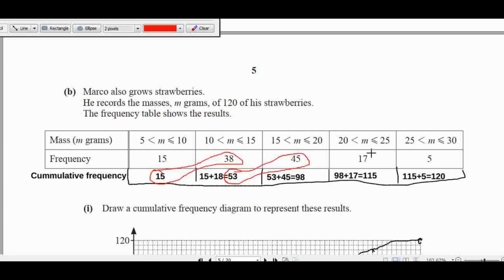Similarly this will be added to 17 to give the cumulative frequency, which comes out to 115, and then 115 will be added to 5 to get 120.